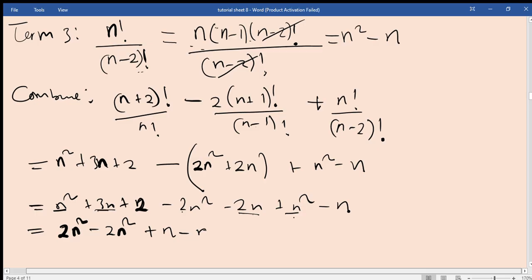And then we have another constant value there, which is positive 2. This is the grouping of like terms which we are going to have. So the n squared terms go, the n terms go, this becomes 0, and the total answer should give us 2. So the simplified version, when you combine all the three, the answer should be equal to 2, and you are done.